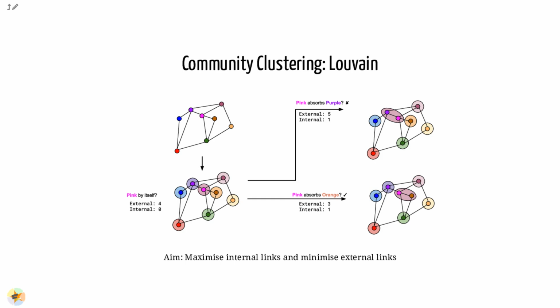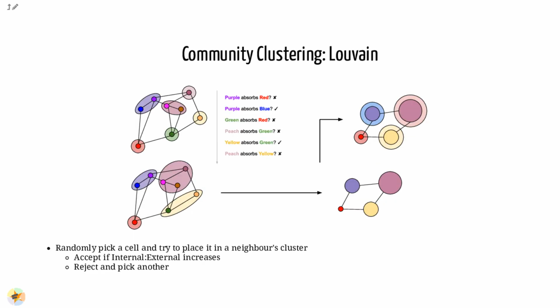If the new configuration has reduced the number of external links in favor of more internal links, then the configuration is kept. If the new configuration has instead increased the number of external links, then the configuration is rejected and another cell is picked and tested. By performing this multiple times, a community structure of cells is built to whichever degree of specificity the user desires.